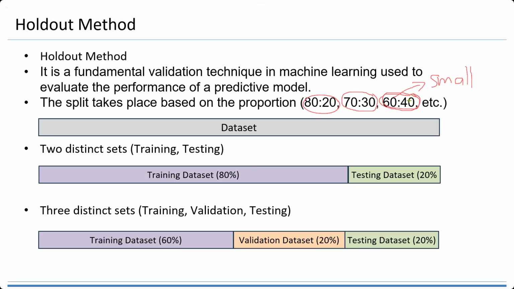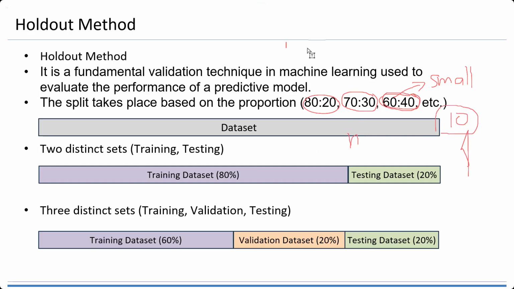Let's say I have only 10 data sets. Maybe you will ask, why do we have such a small data set? Yes, it is very difficult to get the data. For example, you want to get data from a nuclear accident.